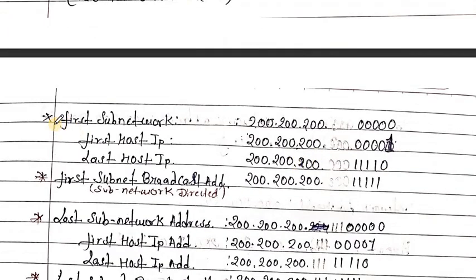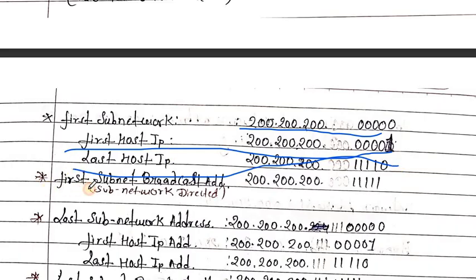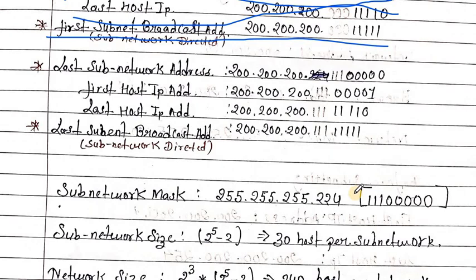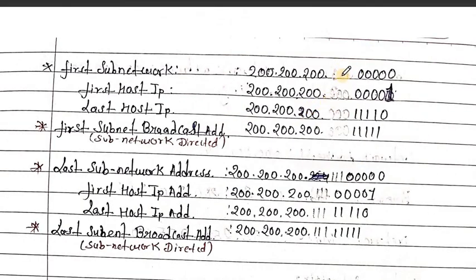The same thing here. First subnetwork: this. First IP address: this. Last IP address: this, and the first subnetwork broadcast address: this. So here there are 3 bits for subnetworks.